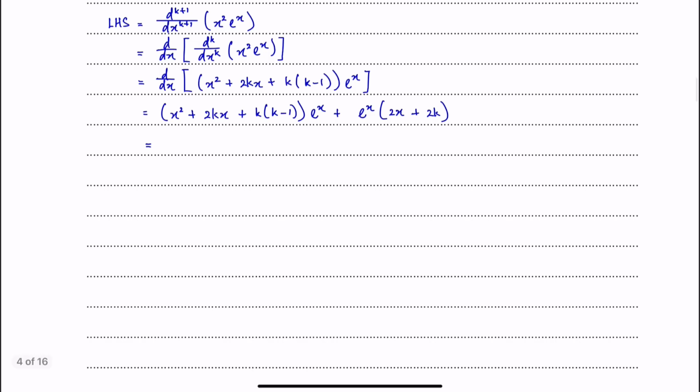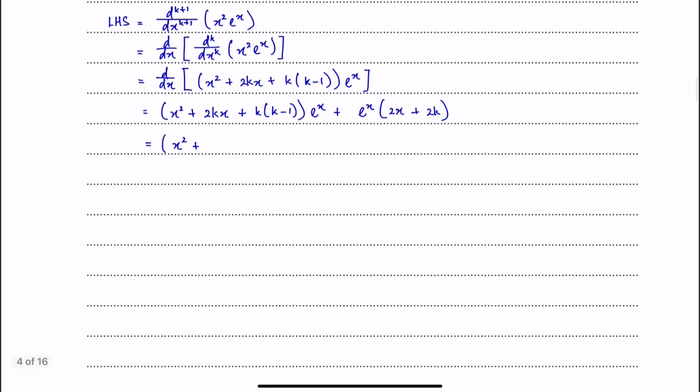So we get x squared plus 2k plus 2x plus k squared minus k plus 2k times e to the power of x.